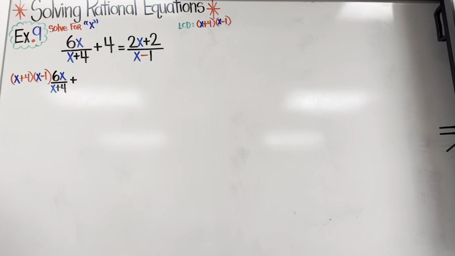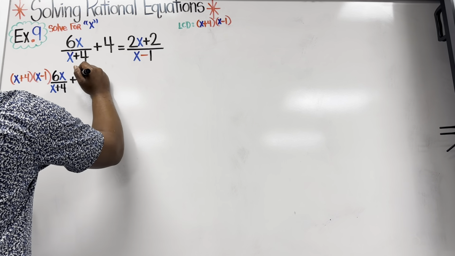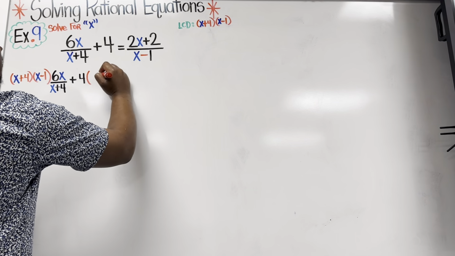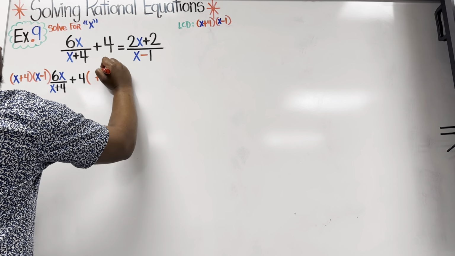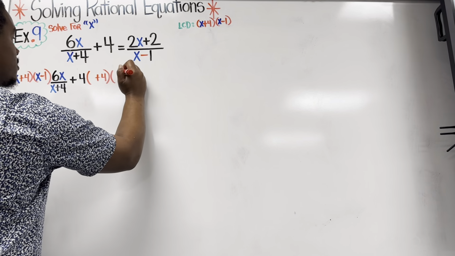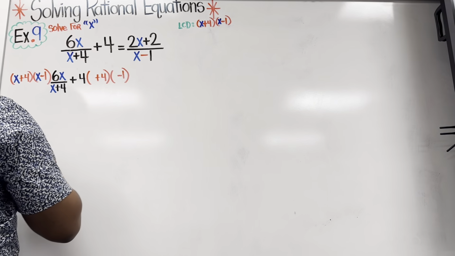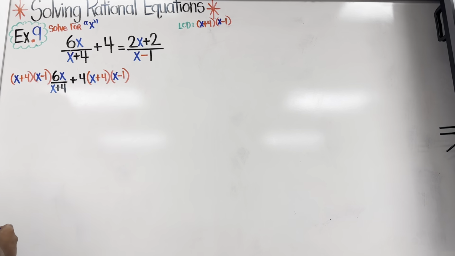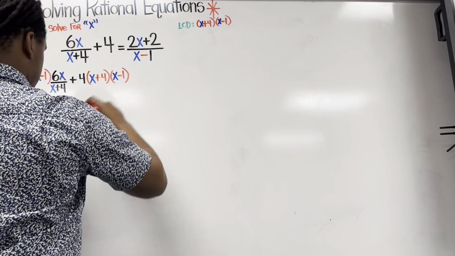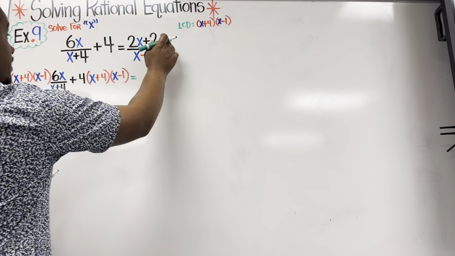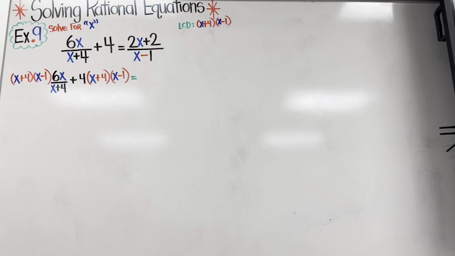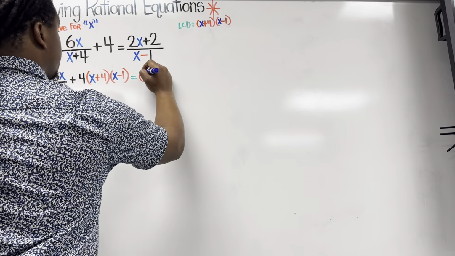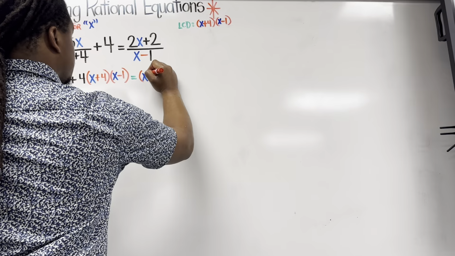I'm going to multiply 4 by the LCD, so it's plus 4 times parentheses x plus 4 times parentheses x minus 1. Just like that, equal. And the same thing, the 2x plus 2 over x minus 1, I have to multiply by the LCD. So once again, I'm going to have the LCD of parentheses x plus 4 times parentheses x minus 1.